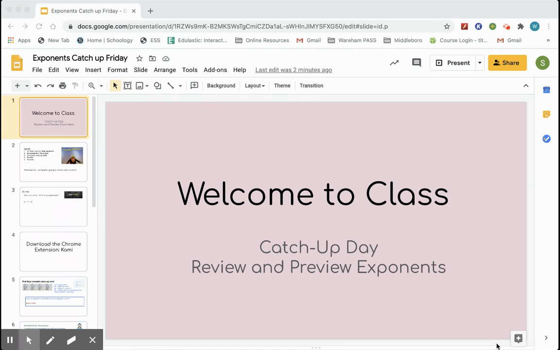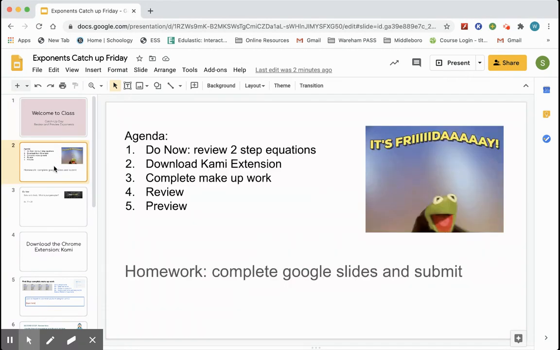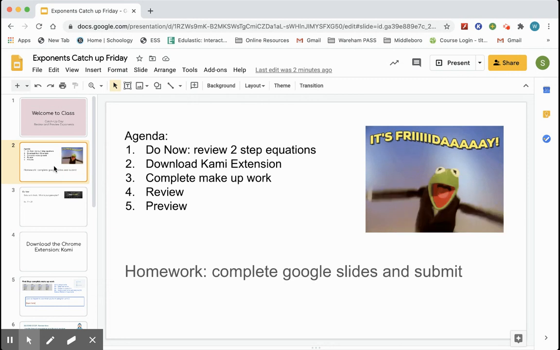Today is a catch-up day, and we are going to review and preview exponents. So our daily agenda is to complete a two-step equation, which is a review from yesterday. I'm going to ask you to please download the Kami extension, and then we're going to do 3 steps to complete today's activity.